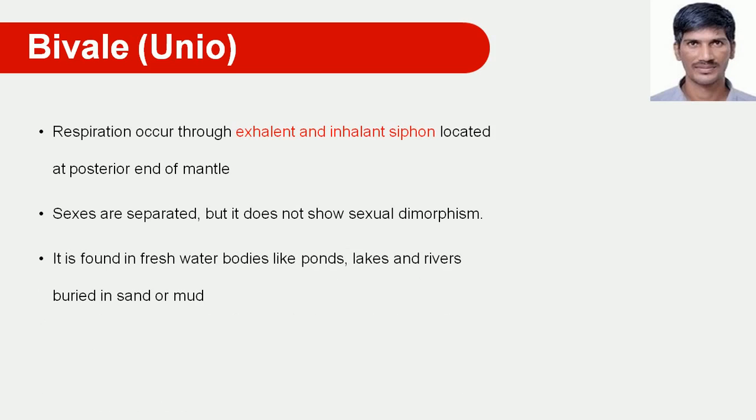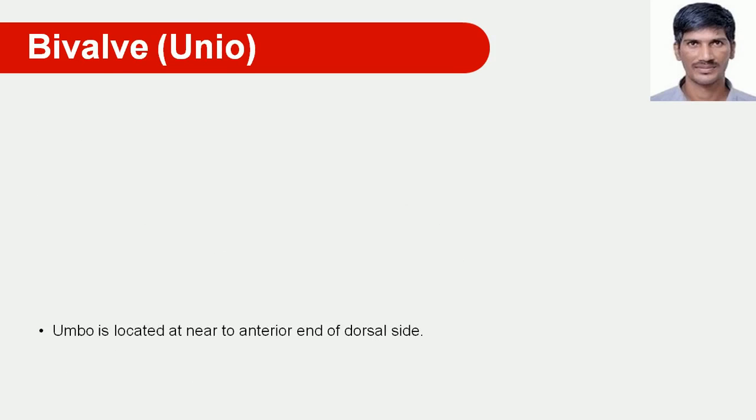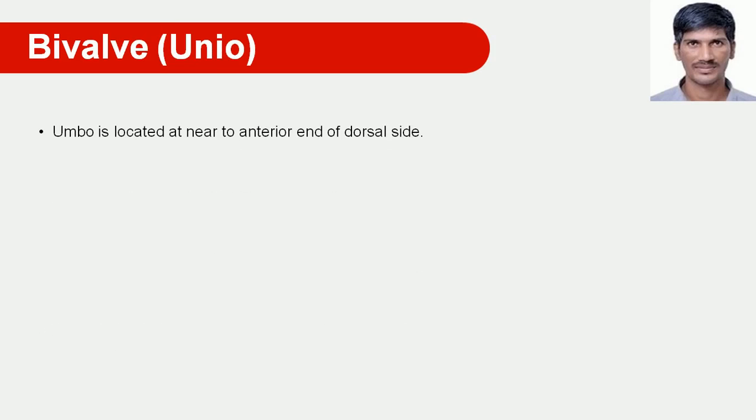It is found in freshwater bodies like ponds, lakes, and rivers, and most of the time these animals are buried in the sand or mud. These animals are distributed in India, USA, Europe, and some parts of the Atlantic slope. In the bivalve, we can look at the outer side structure.